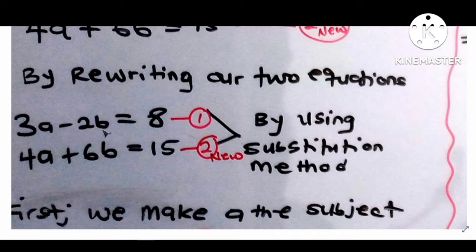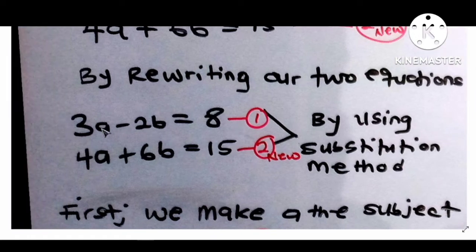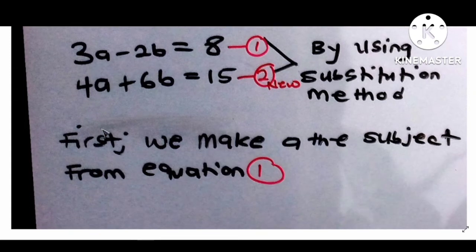But this time, I want us to use the substitution method. It's a different method where you make one of the variables the subject and substitute it into the other equation.